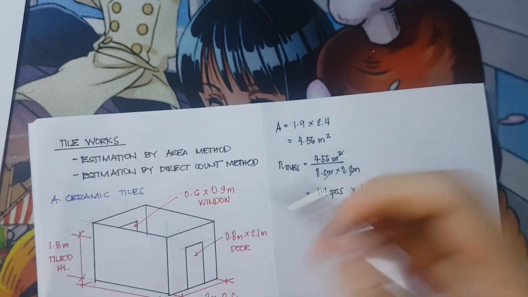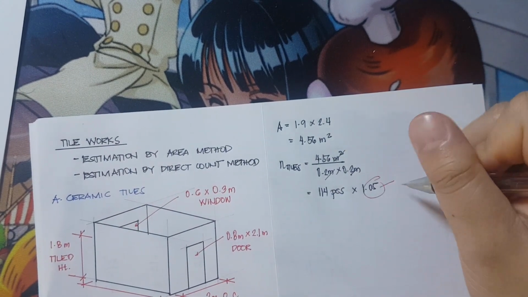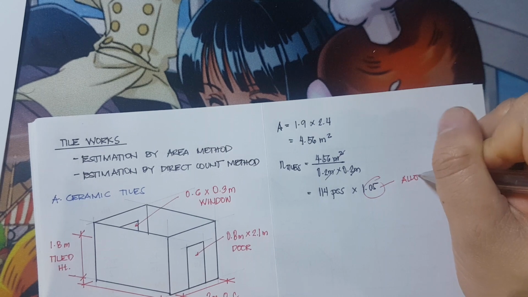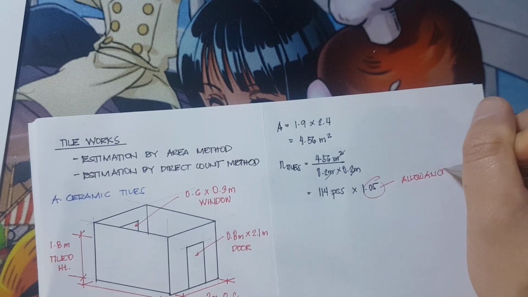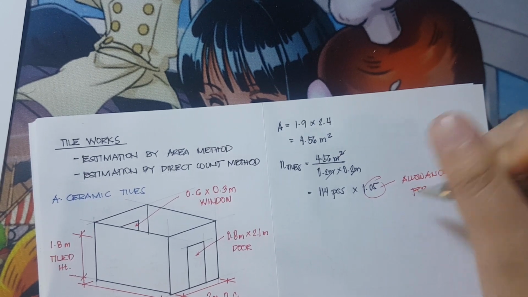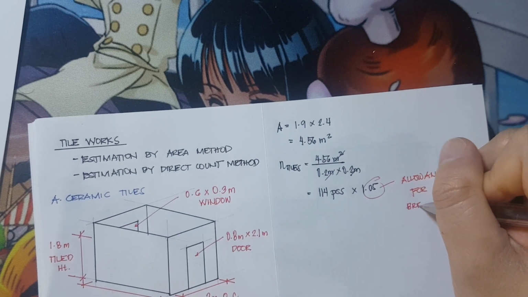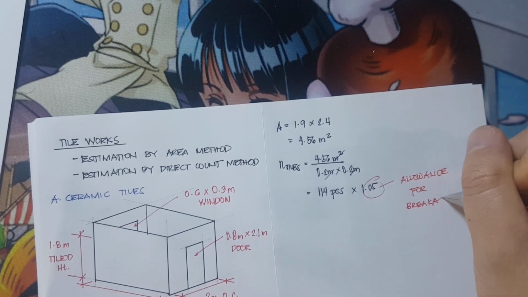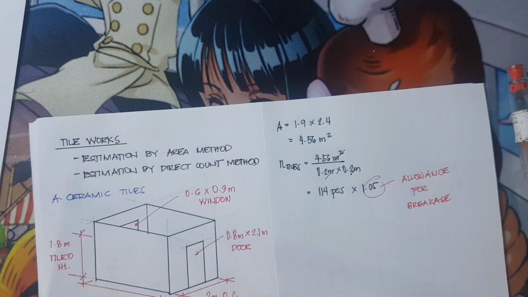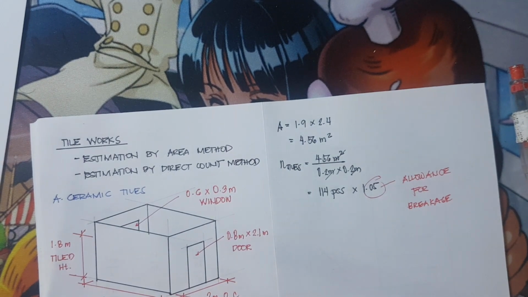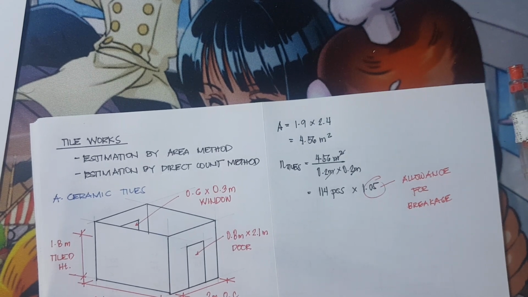Okay? So this 5% would be my allowance for breakage. Okay? Allowance for breakage. If you are very observant with respect to your OJT, kung may umabot na sa tile setting sa inyo, pag ina-unbox yung tiles, may mga cases na may mga basag-basag na tiles.